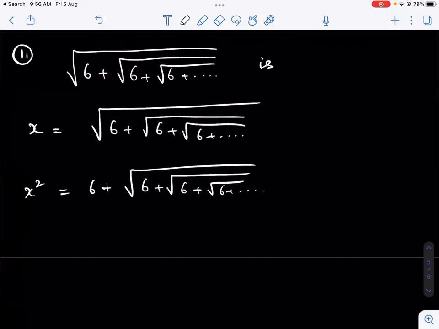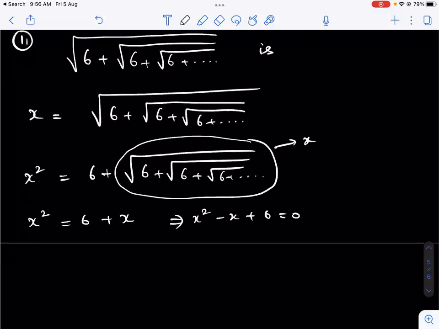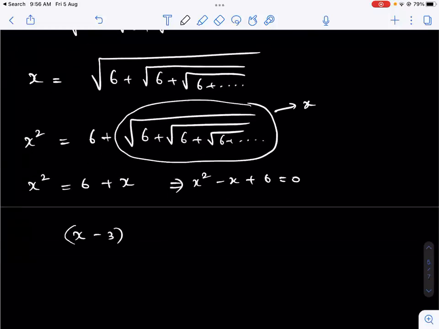Is that clear? So can I say x square is equal to 6 plus, can I call this whole thing x again, because the length is infinite. So if I call that x, I'll write it as x here, which implies x square minus x minus 6 is equal to 0. So it will be x minus 3 into x plus 2 is equal to 0 if you factorize it.